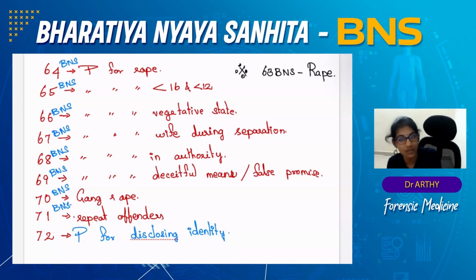Aggravated sexual offenses are when a person is in power, authority, like a police official during a war, in custody, or on a mentally ill person, all these things inside a hospital. These are all dealt in 64-2. But right now, remember 64 is punishment for rape. And then 65 onwards, they talk about less than 16 and less than 12 years of age.